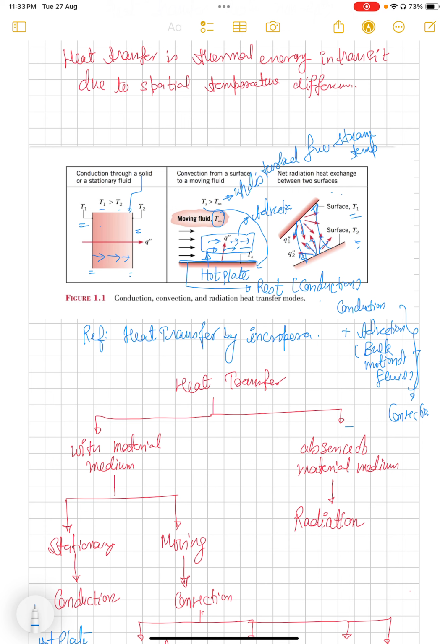The net exchange results in the radiation heat transfer between the two surfaces. If a medium is present between the two surfaces, it will reduce the radiation. So the presence of a medium reduces the effect of radiation, while vacuum will enhance it.